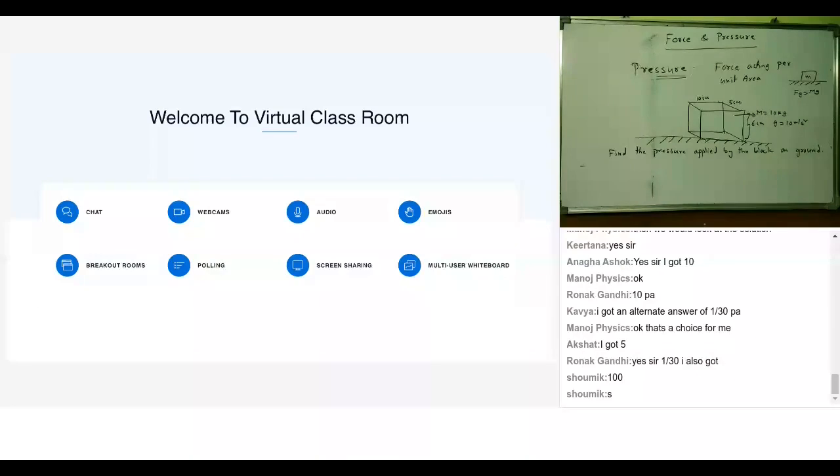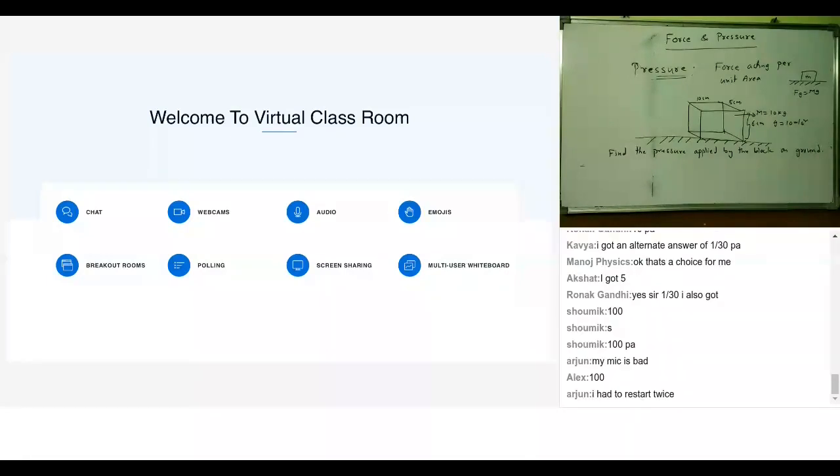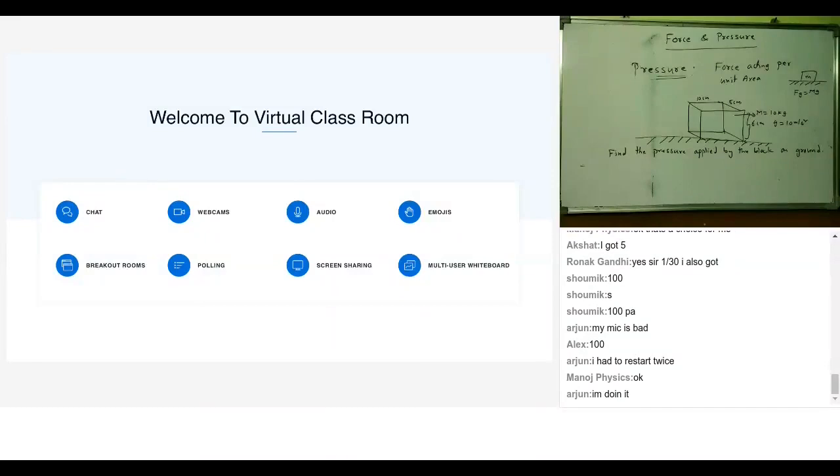Okay, what others think? Alex, silent spectator. Arjun, why have you been so silent? Divya, your answer not yet given. Yeah, Arjun, you can type the answer, whatever answer you're getting. So let me see what answer I get. Majority is, so we have 10, 100, 1/30. 30 seconds more, then we'll discuss the answer.